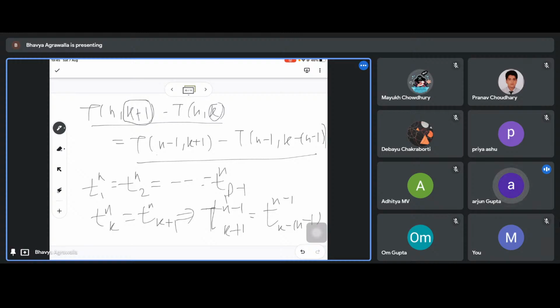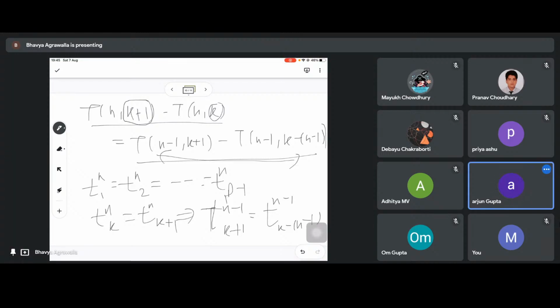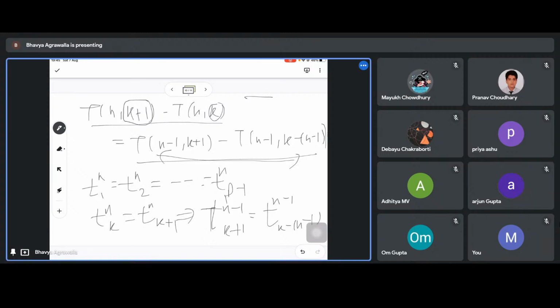Let me think about this, I'm not 100% sure. Just sum this over all j, t(n, pj plus k), summing both these sides over pj plus k plus 1, pj plus k, pj plus k plus 1, pj plus k minus n minus 1.